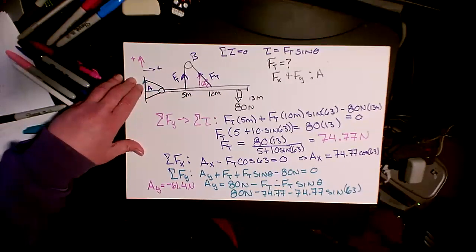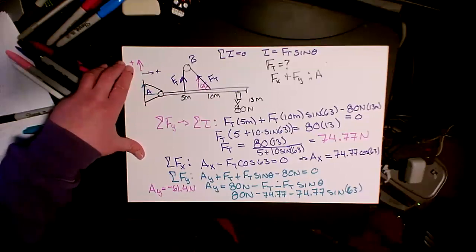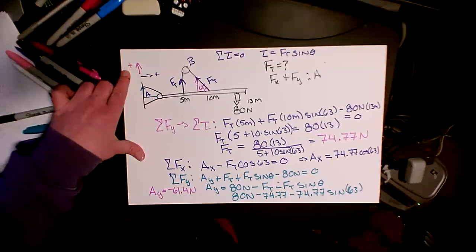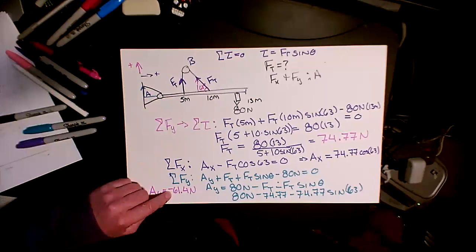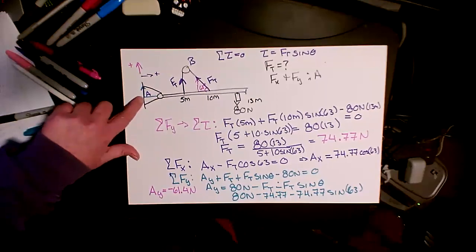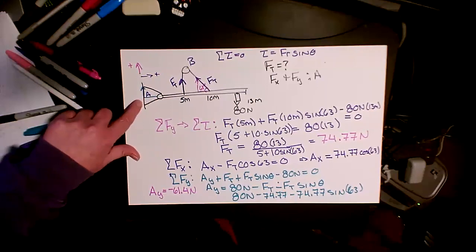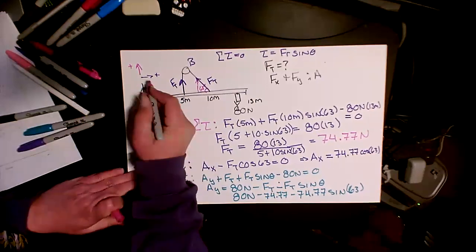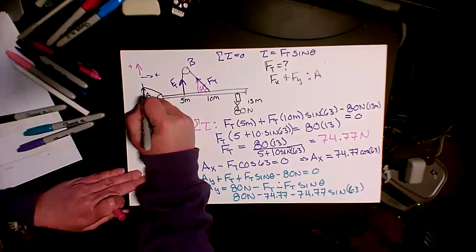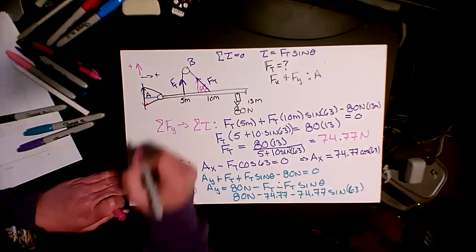Because this force should be positive. I've defined positive, should be positive if it were up. I came up with a negative number. So that negative number means that this component of the force is going down. So let's take that piece out and say this is how we know this is going down.